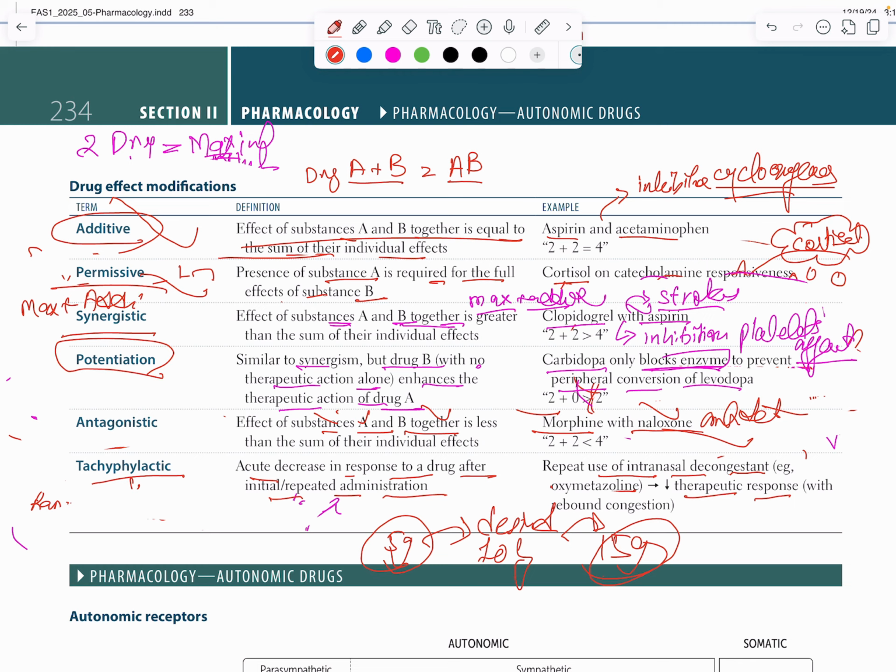Potentiation means one drug supporting another drug to work, like carbidopa supporting levodopa. Antagonistic is inhibition of the effect. And tachyphylaxis is an effect that decreases due to repetition of doses, so the repeated administration decreases the effect of the drug. For that, we have to increase the dose to get the desired effect.